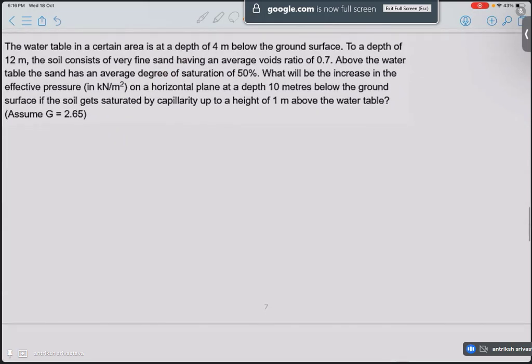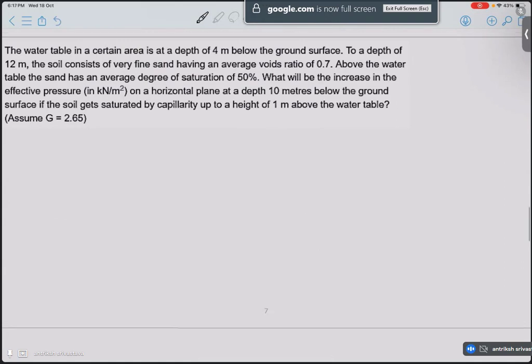So this is the question where we are going to see the effect of capillary on the effective stress. The water table in a certain area is at a depth of 4 meter below the ground surface. To a depth of 12 meter, the soil consists of very fine sand having the average void ratio of 0.7.